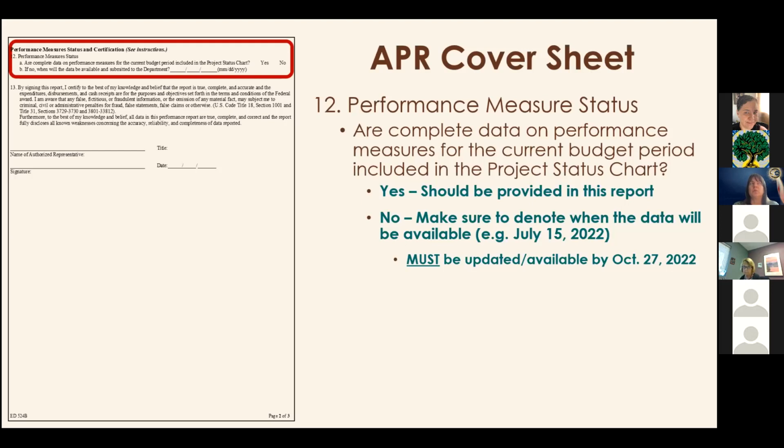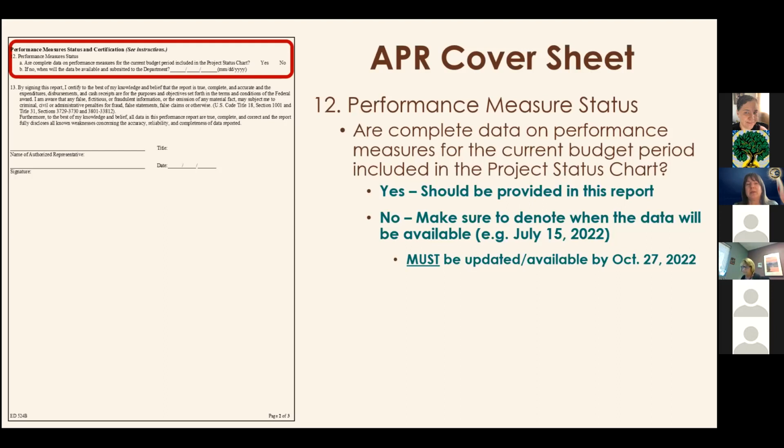So right now, we're actually in the middle of our grant project year, right? The grant project is going to run through the end of September. So you will be providing an update on this annual performance report around the end of October there, October 27th.